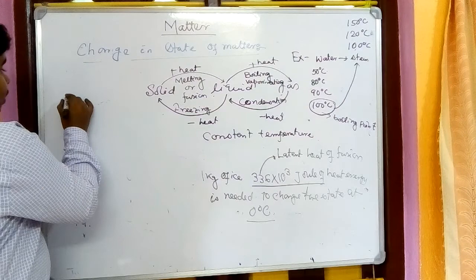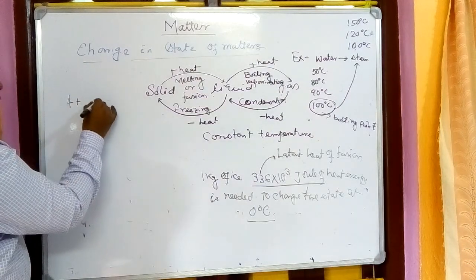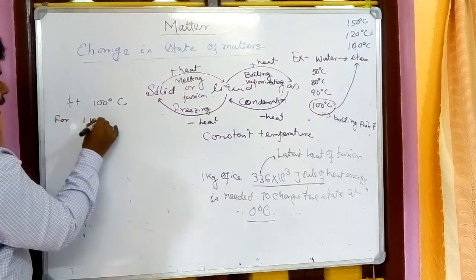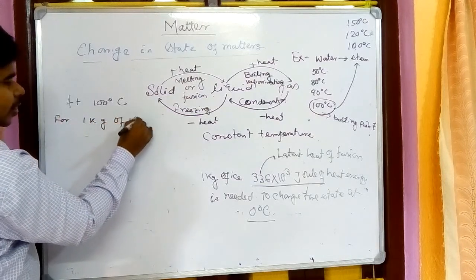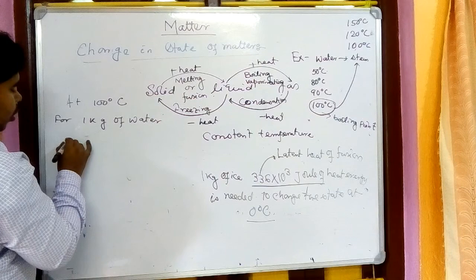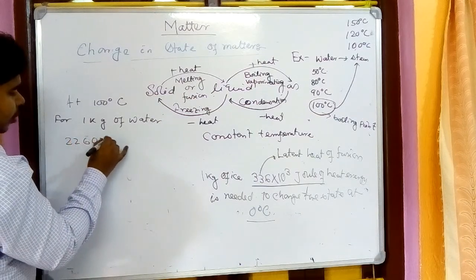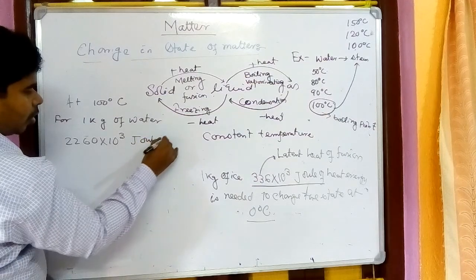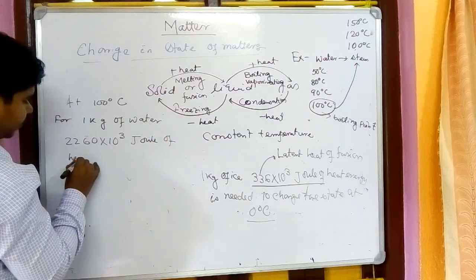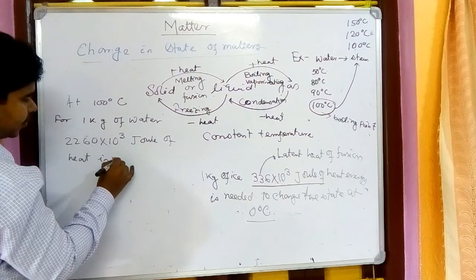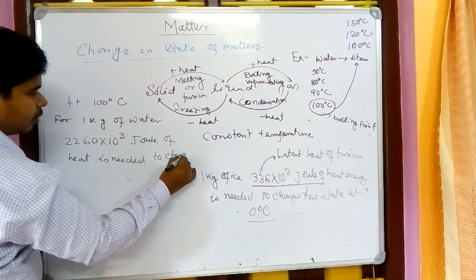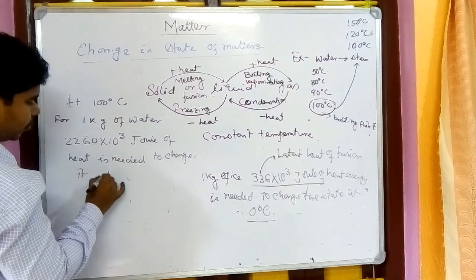We can say at 100 degrees centigrade, for 1 kg of water, 2260 into 10 to the power 3 joule of heat is needed to change it to steam.